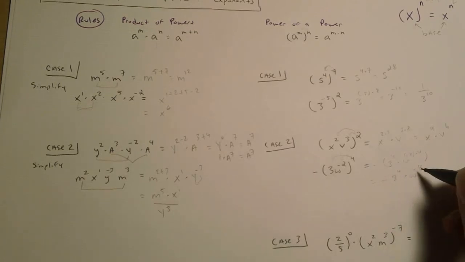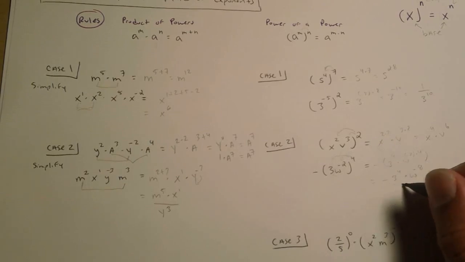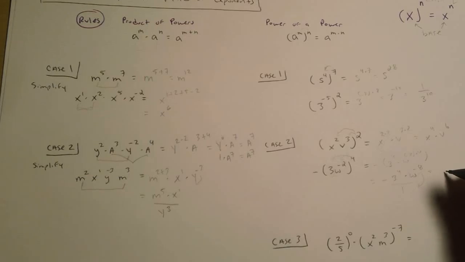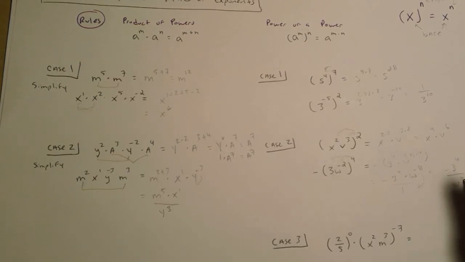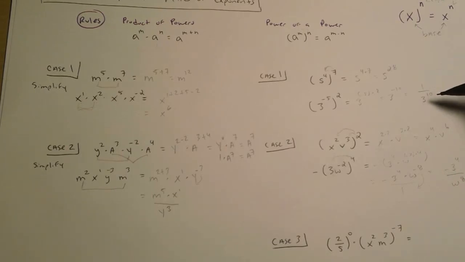Now we don't like negative exponents, so what are we going to do? Move it down to the denominator. And what's going to be left over on top? Okay, so that's it. 1 over 3 to the 10th power. Negative 3 to the 4th power over w to the 8th.